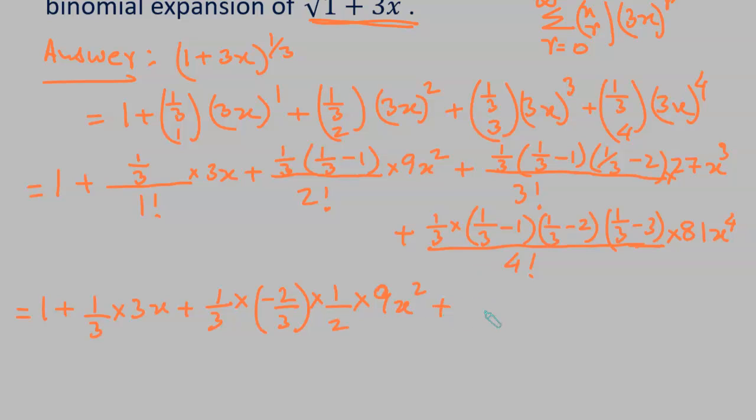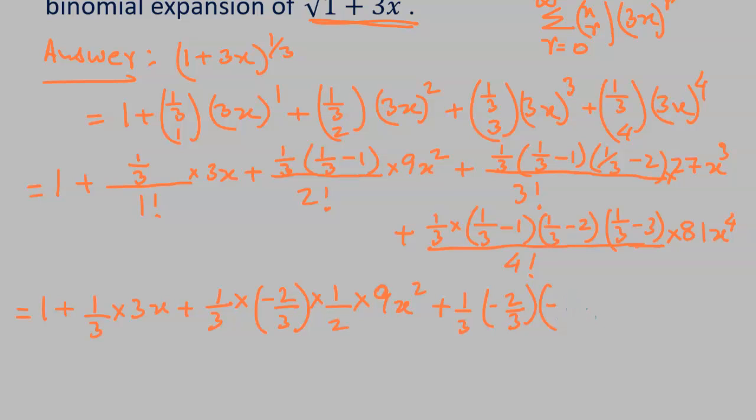Plus 1/3. 1/3 minus 1 is negative 2/3. 1/3 minus 2: this minus 2 can be written as minus 6 over 3. So 1 over 3 minus 6 over 3 is minus 5 over 3.